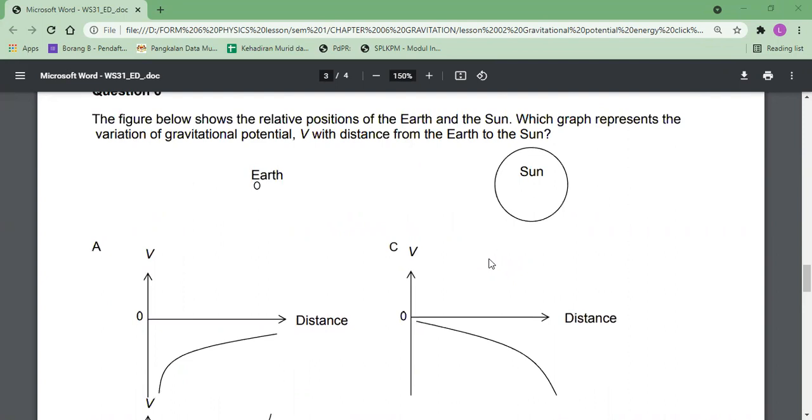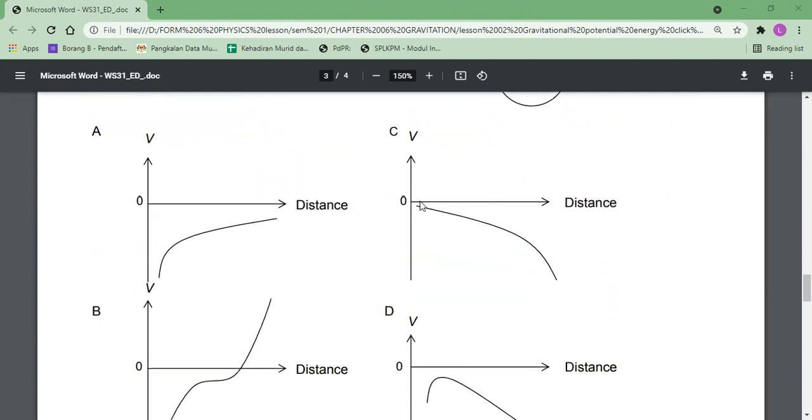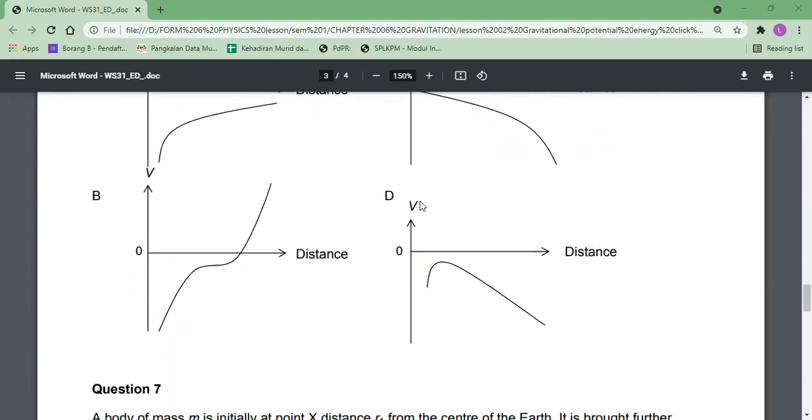Okay, so this is the distance towards the Sun. They want the variation of gravitational potential with the distance. So when the distance is nearer, the gravitational potential will be greater in magnitude.